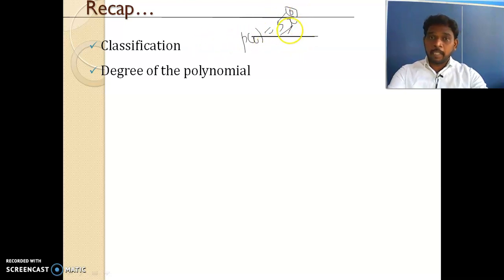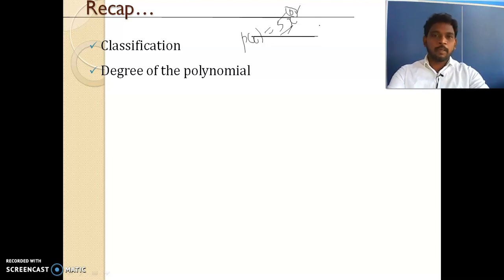And according to the degree, what is the degree here? The degree is 0. A polynomial having degree 0 contains only a constant without a variable. This kind of polynomial is known as a constant polynomial. That means it should not contain any variables.